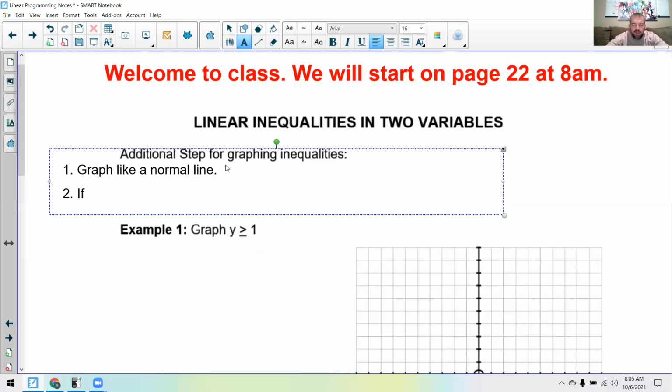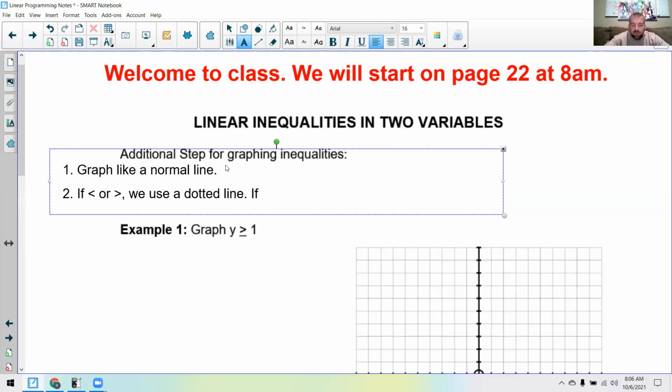If we have the inequality of less than or greater than, we use a dotted line. We're going to use a dotted line to represent the fact that we're not actually including the boundary, that you don't own the fence. You own up to, but not including, the fence. So there's still a boundary there. It's just not part of our solutions.